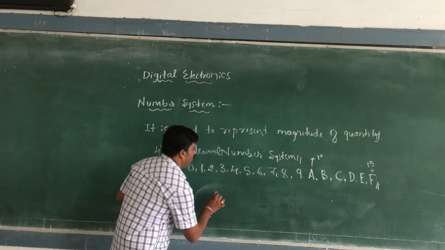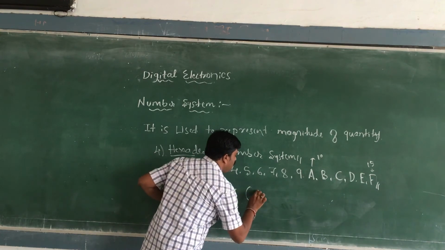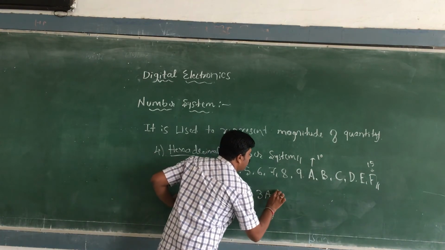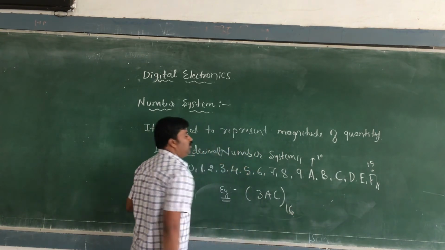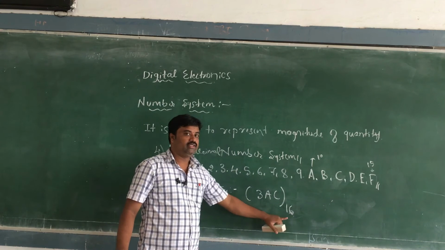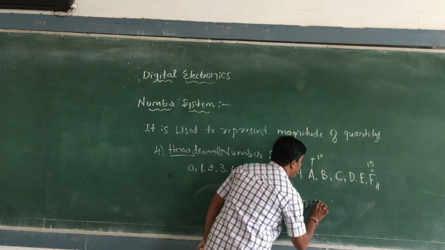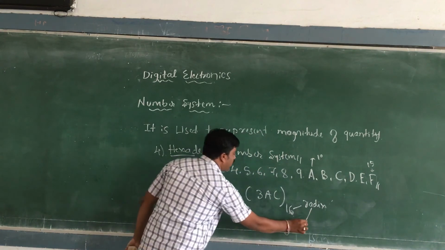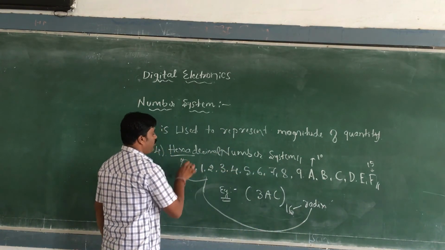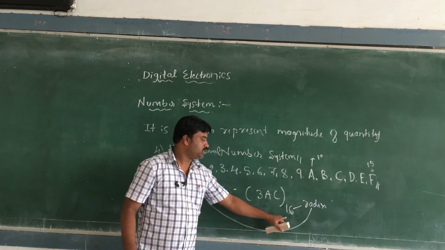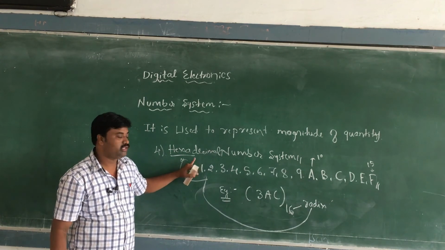We'll see the example: 3AC to the base 16. 16 represents the base or radix value for this hexadecimal number system.